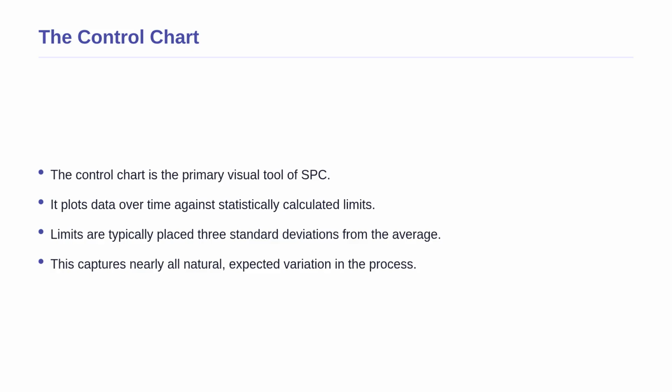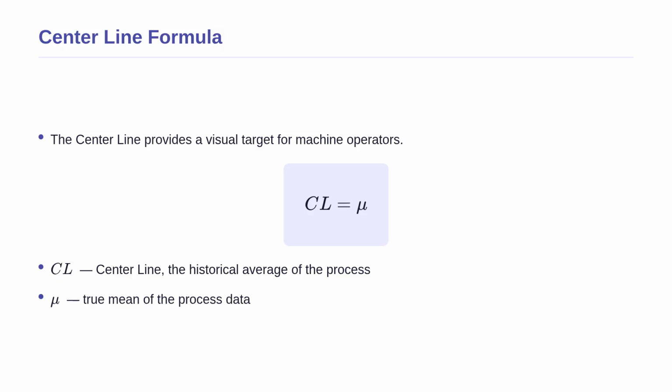These outer limits are typically placed 3 standard deviations away from the average. Because a standard deviation measures how spread out data is, placing limits 3 standard deviations away captures nearly all natural expected variation.